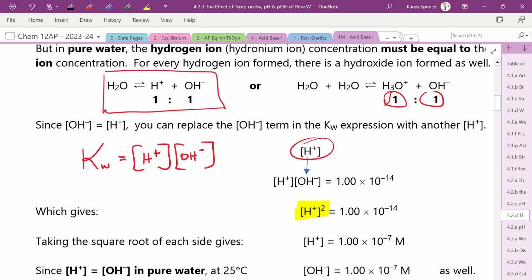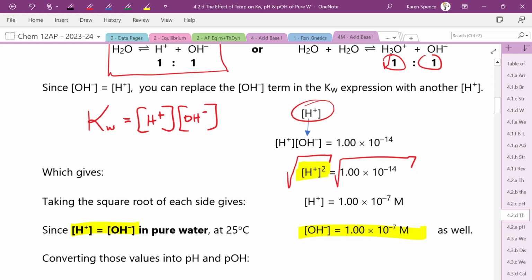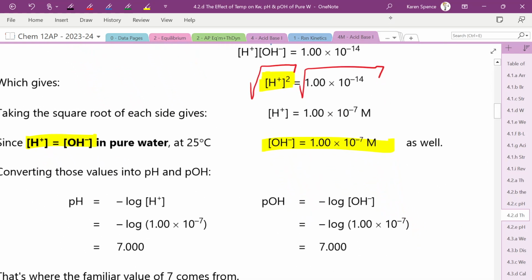So of course, we can then take the square root of both sides. And we get hydrogen is 10 to the negative 7. And because hydrogen is equal to hydroxide, we get hydroxide is also equal to 10 to the negative 7. Is that good? Okay. And then if you convert them into pH and pOH, you get 7 and 7 respectively. That's where that 7 comes from.